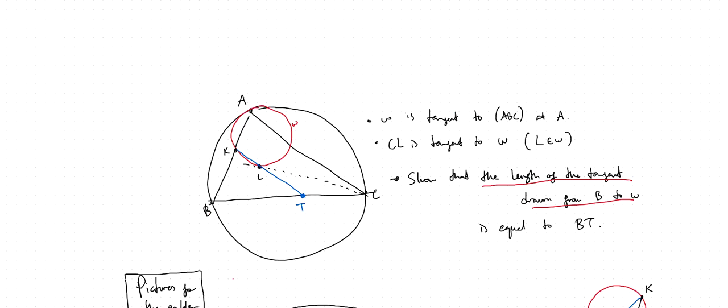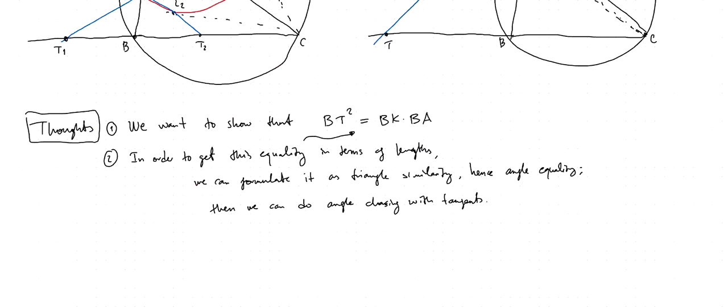But BTK and BTA are good because this line is the side of the triangle, and we can do angle chasing with it. Right? We can look at BTK and BTA, and indeed the lengths BK and BA appear here.